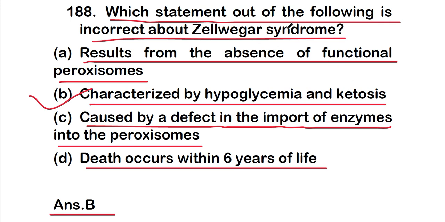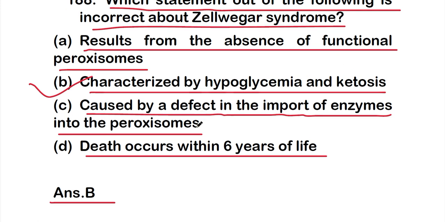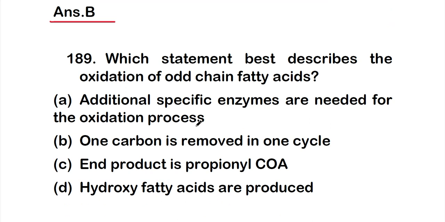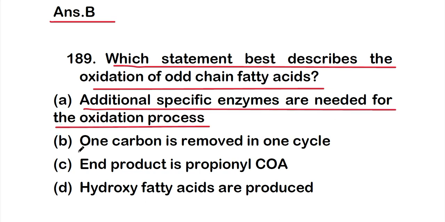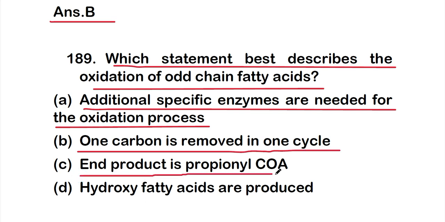Okay, about the Zellweger syndrome. So let's move on to question number 189, that is, which statement best describes the oxidation of odd chain fatty acids? And the options are: option A, additional specific enzymes are needed for the oxidation process, or option B, one carbon is removed in one cycle, or option C, end product is propionyl CoA, or option D, hydroxy fatty acids are produced.